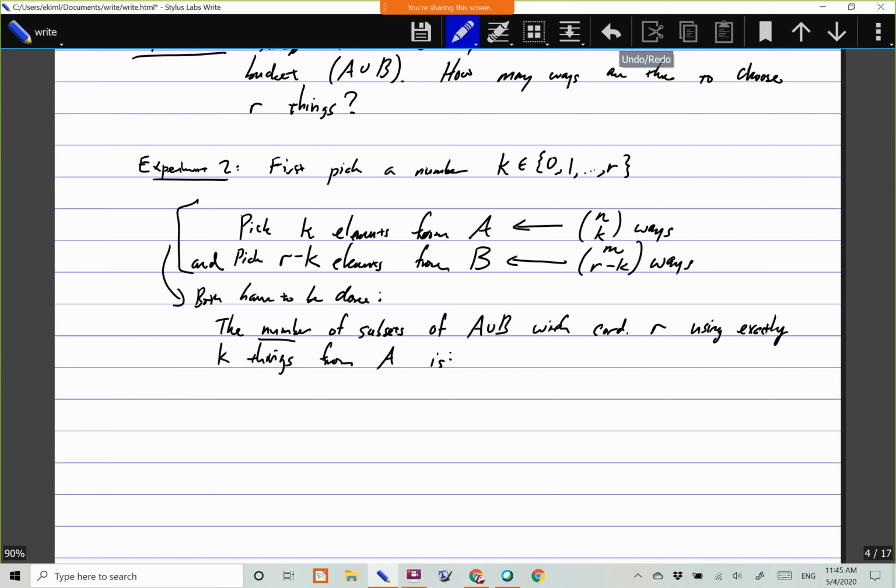The product rule applies here. So we'll have n choose k times m choose r minus k.